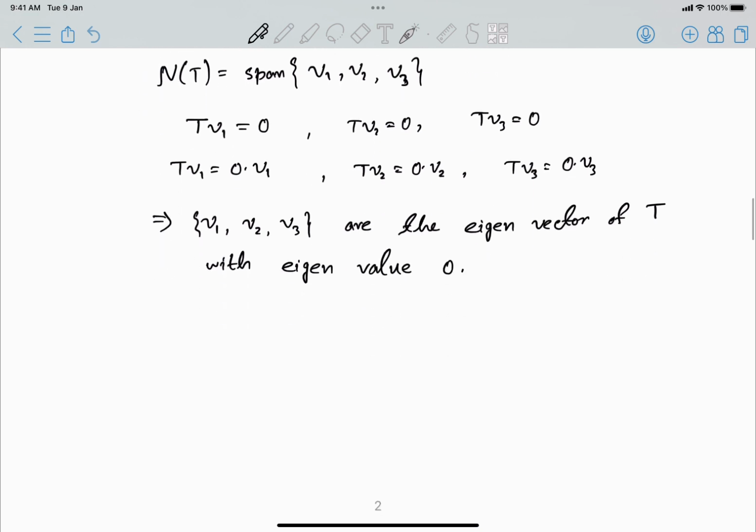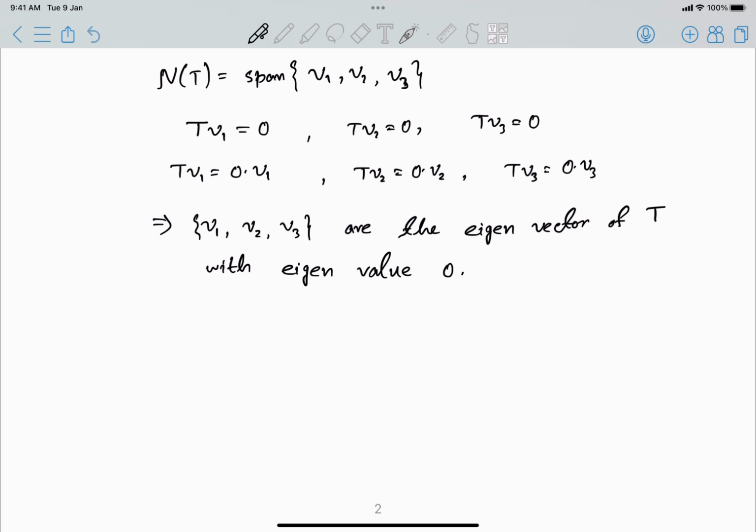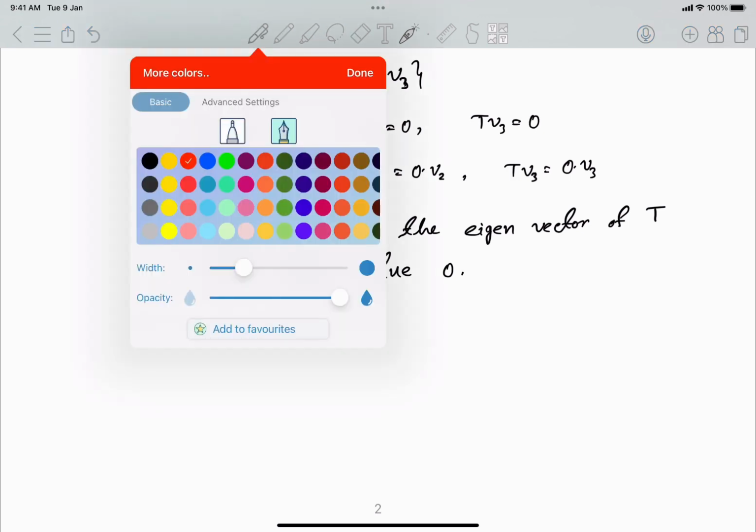Why? If someone has any doubt, let me give the definition.